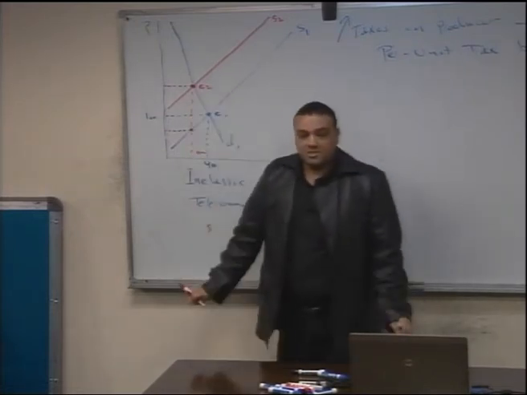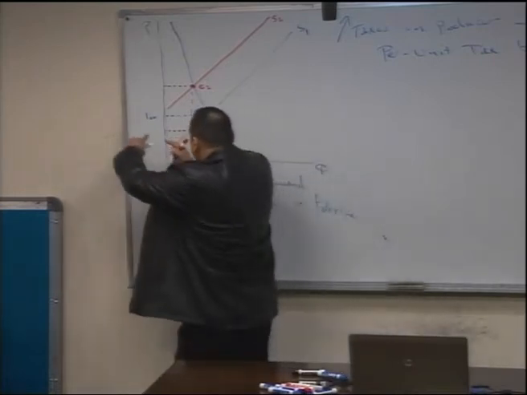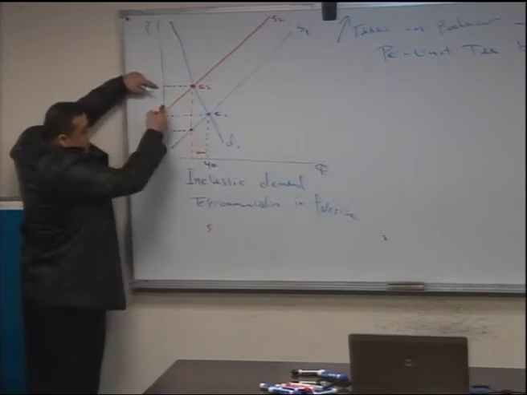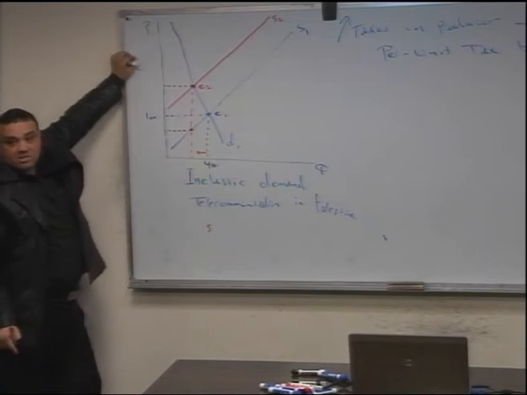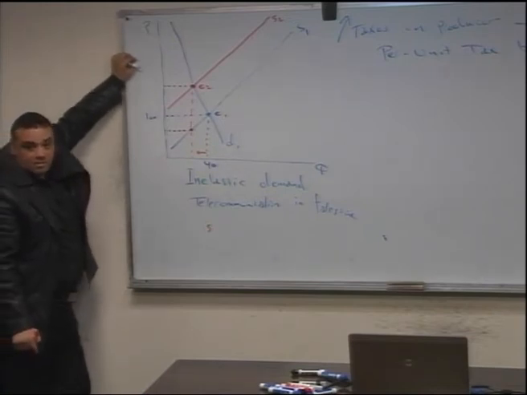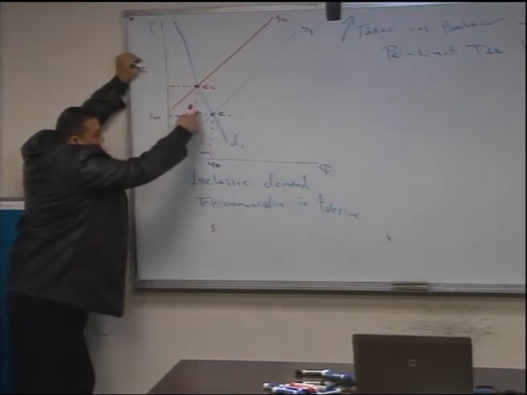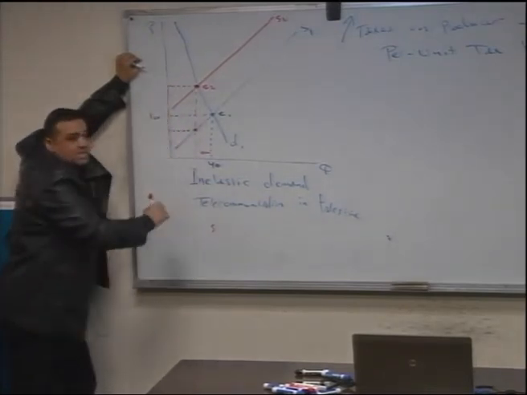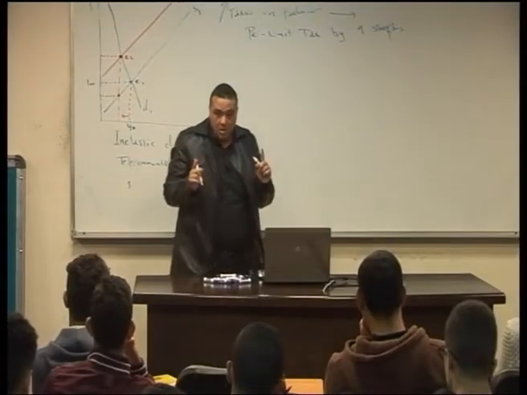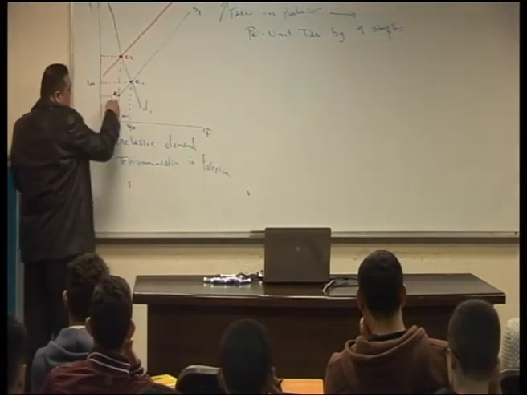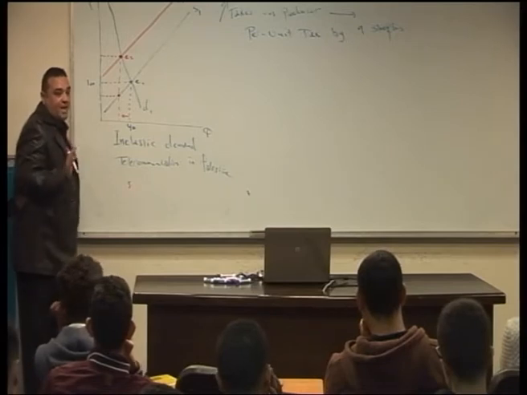This is the per unit tax, 9 shekels. Here, this rectangle represents the government revenue of tax.